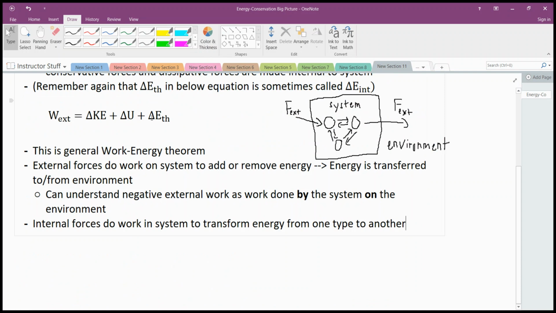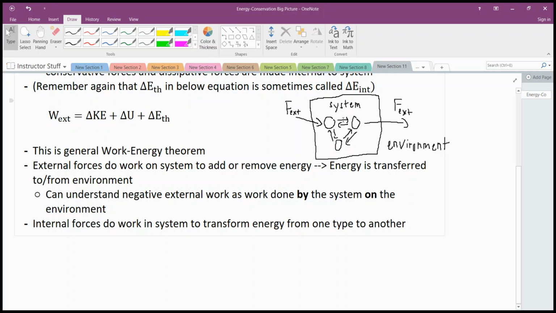Let's now also think then about what these particular terms are doing on the right-hand side of the equation, how we should interpret them. Well, we have different changes in the different energies, and these are going to be determined by their corresponding forces within our system, along with whatever external forces are acting on the particles in our system. The way you should think about it is that the internal forces are doing work inside the system to transform energy from one type to another.